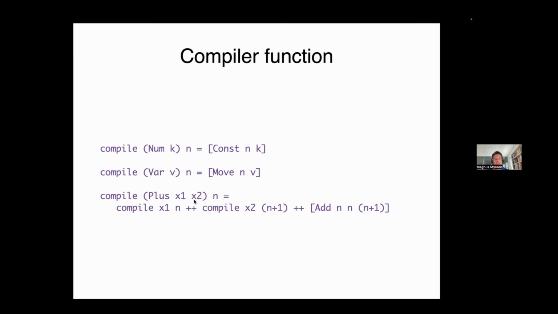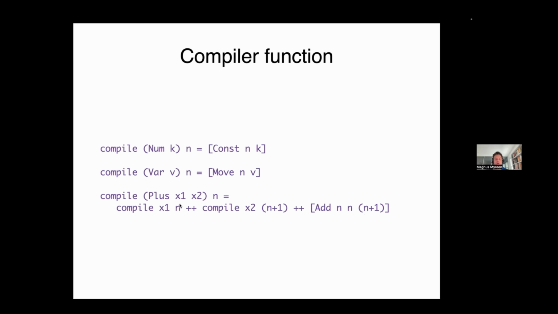Okay, and then plus is very simple to compile. So plus x1, x2: we first take the code that compilation produces for x1, and then we append the code for x2, and then we append an add instruction. And we set the target registers like this.